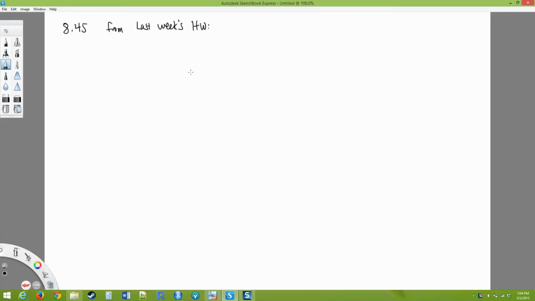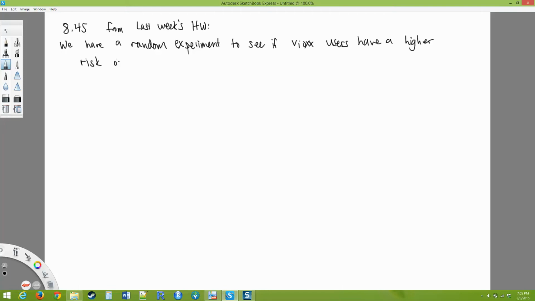So basically, in problem 845 in the homework, it says we have a random experiment to see if Vioxx users have a higher risk of heart attack than the placebo users.